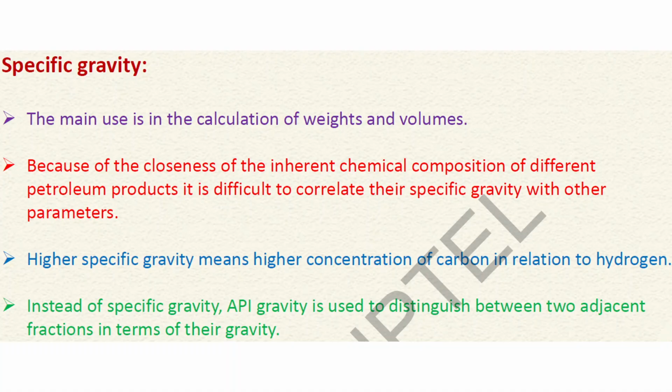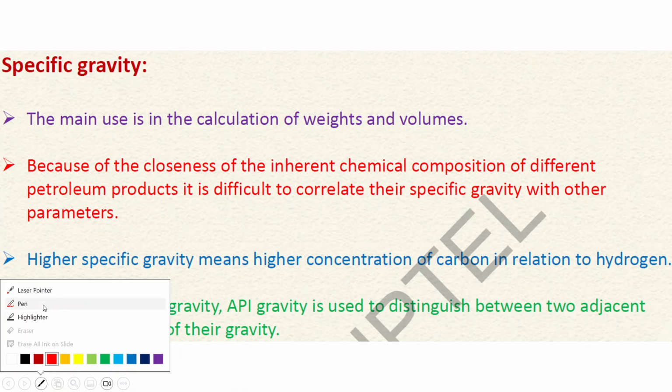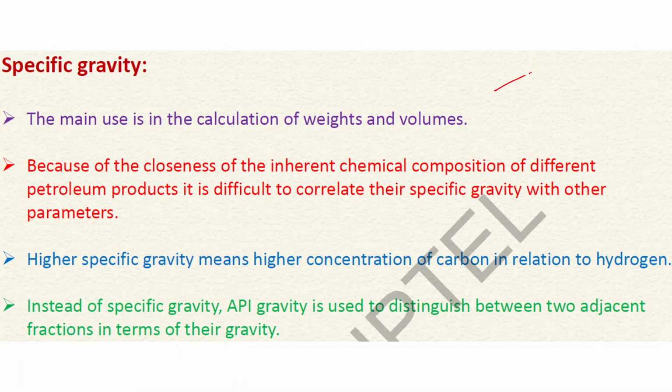Basically, there are various cuts in the crude oil. In the case of specific gravity, suppose this is cut A, a lighter cut, and this is cut B, a heavier cut than A. Not very heavy, but after A, the B cut comes.